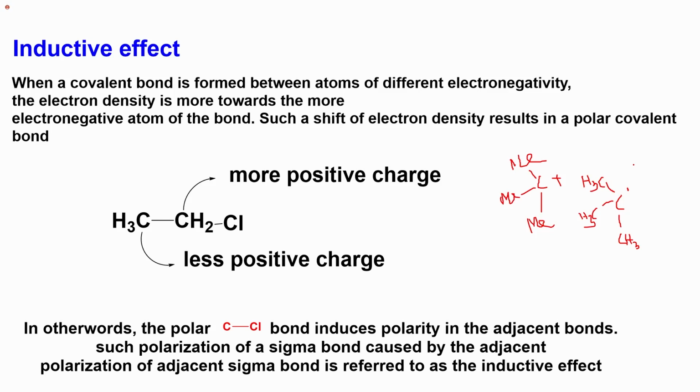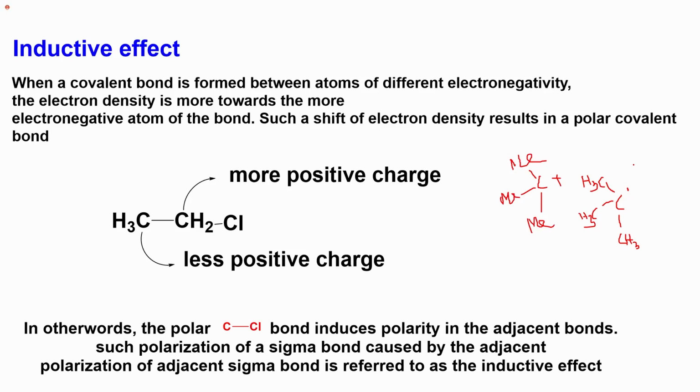If you see CH3, CH2Cl, the CH2 carries more positive charge, and CH3 carries less positive charge. In other words, the polar carbon-chlorine bond induces polarity in the adjacent bond. Such a polarization of a sigma bond caused by the polarization of the adjacent sigma bond is referred to as the inductive effect.